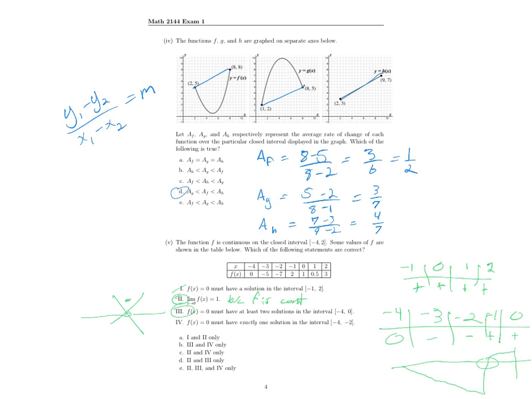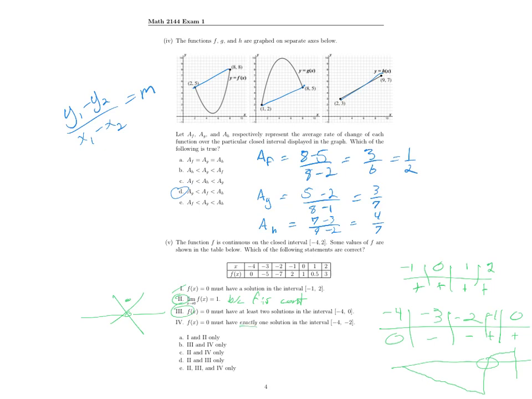For problem 4, we're asked to determine if f of x equals 0 must have exactly one solution on the interval -4 to -2 is a true statement. From -4 to -2, it does have one solution. We know that because x equals -4 gives us a solution, f of x equals 0. But it might not have exactly one solution.